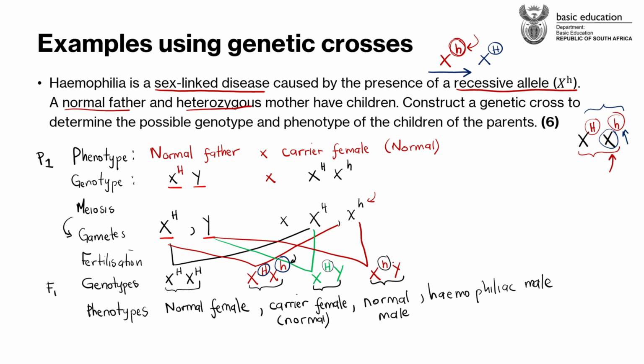But males have only one X chromosome, so once the male carries the allele that causes the condition, the male is affected. Just like this last genotype, a hemophiliac male, because he has one X chromosome with the recessive allele that causes the disease on top of it.